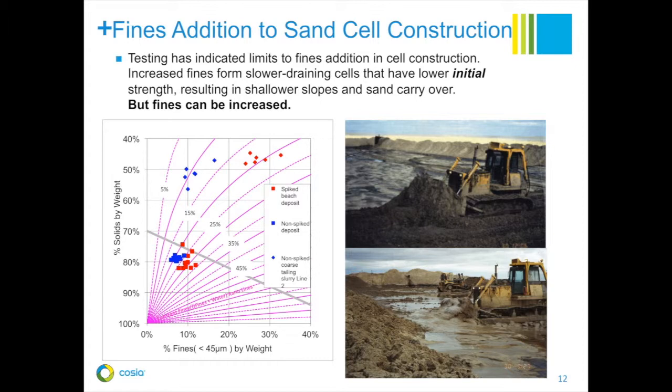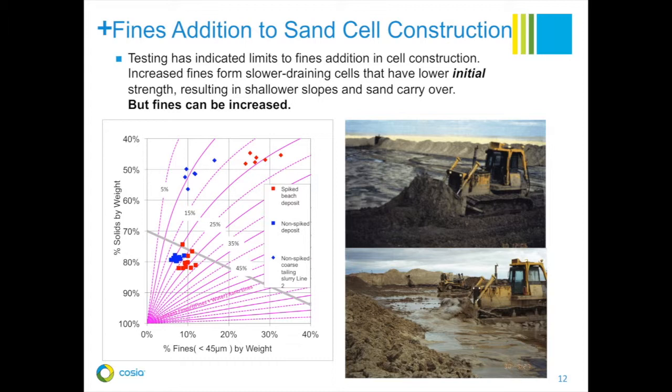Here's some spiking tests, and the chart on the left shows that when the fines concentration was increased by adding MFT to the tailings line, the fines in the beach deposits also increased. This is probably an understatement of the benefits, because remember, we're calling everything below 44 microns fines, and when we bring MFT back in, we're bringing a very much clay-enriched fines content.